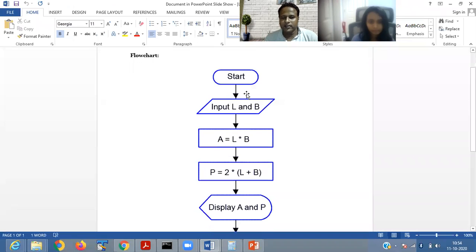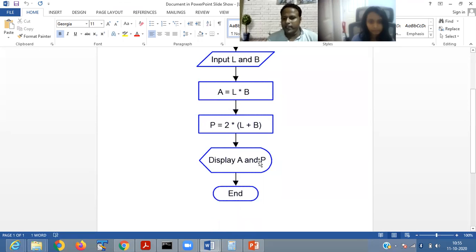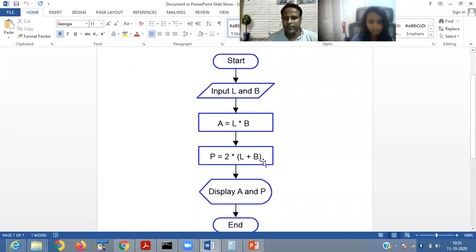Start, then for accepting, you have to accept the length and breadth of the rectangle. Then for finding the area, A equals L into B. Then for getting the perimeter, P equals 2 into (L plus B). Then display area and perimeter. Then end of your flowchart. Yes, clear.